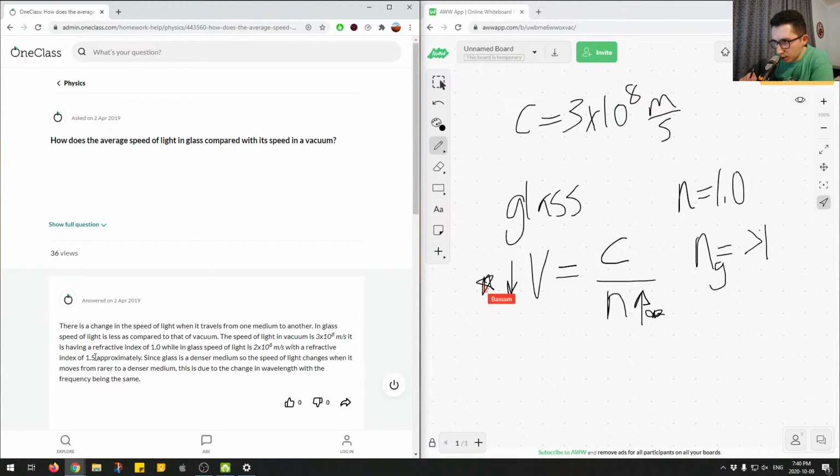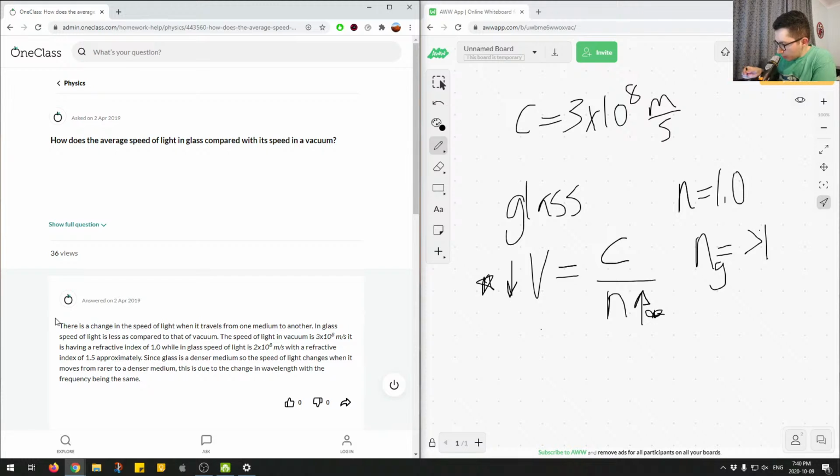So right away we can see that for a denser material like glass, we would have a lower speed of light when compared to the speed in a vacuum. So that's the answer to this question. So the speed will be decreased, or less than what it would be in a vacuum.